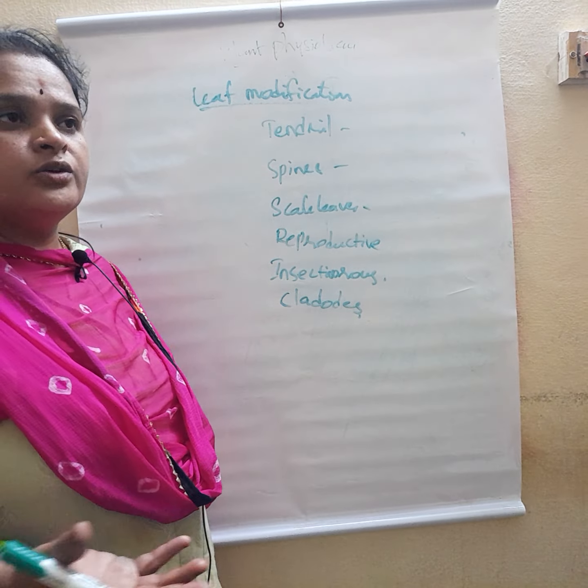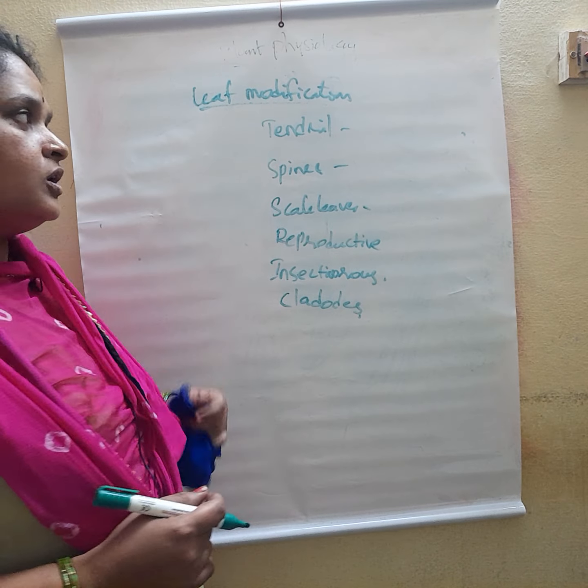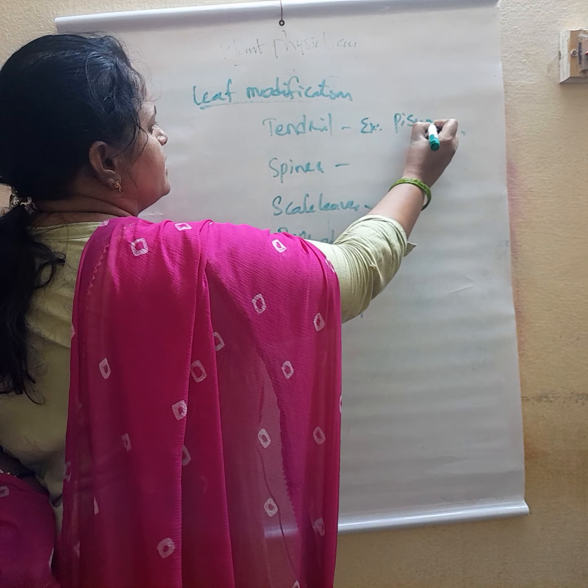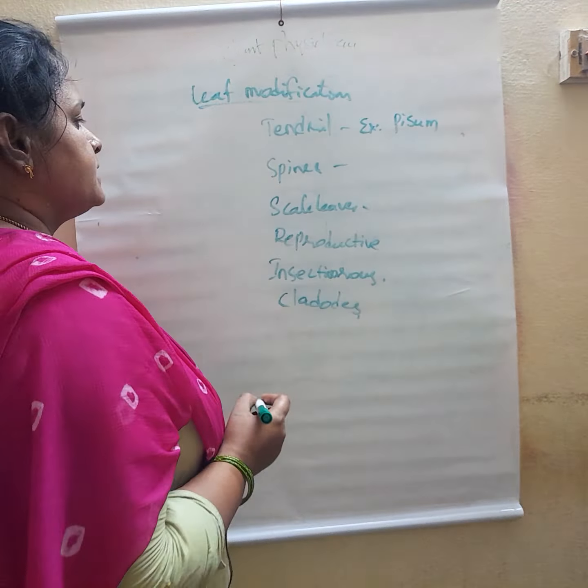Tendrils are wiry coil structures which help in climbing. Tendril example is Pisum, pea. Right. Next, spines, example is Opuntia. The leaves are reduced to spines. Scale leaves, example onion.